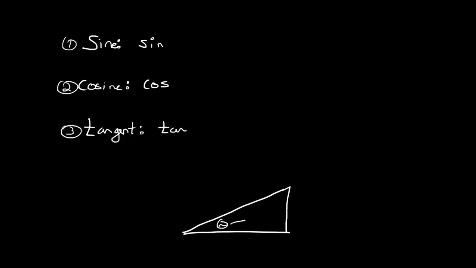The leg that is opposite of the angle we will call the opposite leg, abbreviated OPP. The leg that is touching, or adjacent, to the angle, we're going to call adjacent. And the longest leg is always known as the hypotenuse.